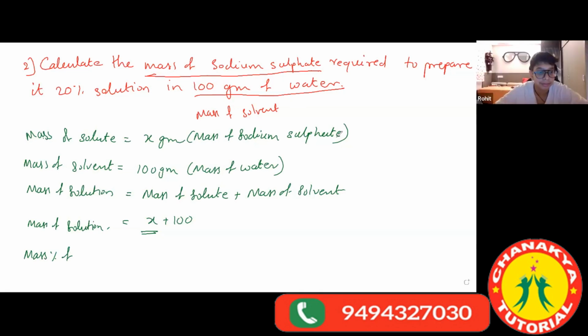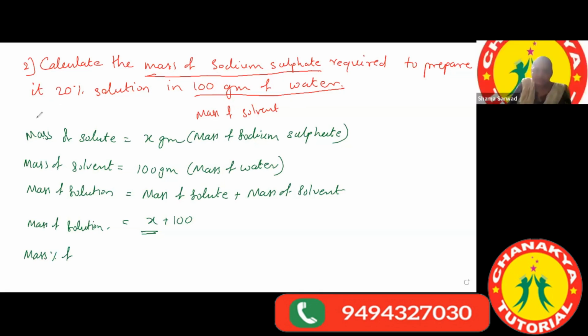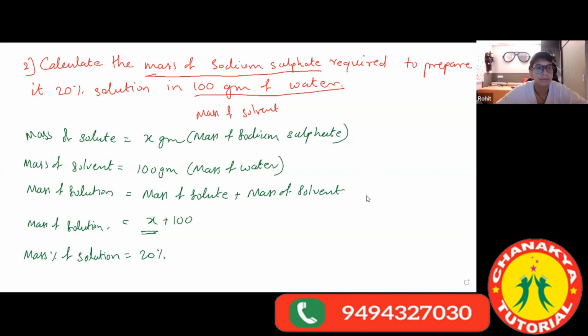Fine. So mass percentage of solution is equal to 20. Right? So we have a formula. Do we have the formula? Yes, ma'am. So what is the formula? Here I'll write.